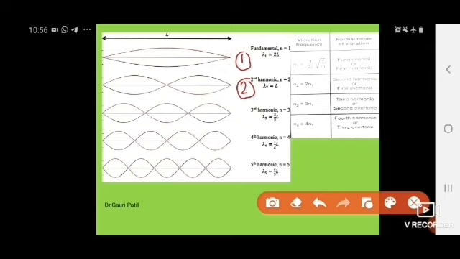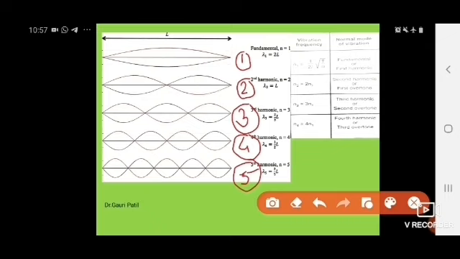The third is called the third harmonic or second overtone, in which there are three loops. The fourth is called the fourth harmonic or third overtone, where there are four loops. And the fifth is called the fifth harmonic or fourth overtone, where there are 5 loops.